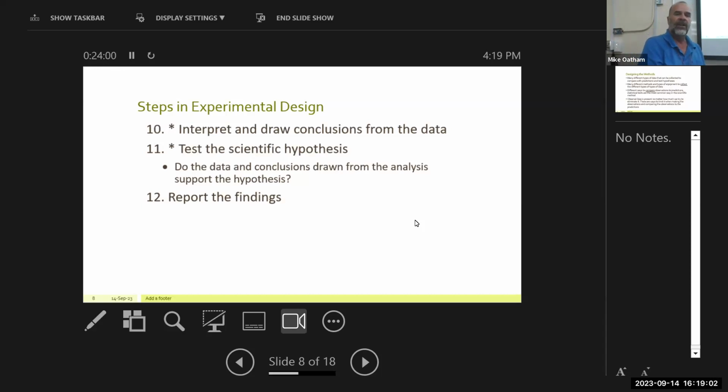Now, I'm not going to gloss over that. Reporting the findings is very important, because if we don't write a paper on it and publish it, then nobody knows about it. So reporting the findings and writing your research report is very important.